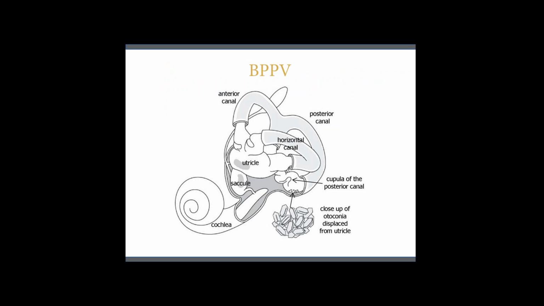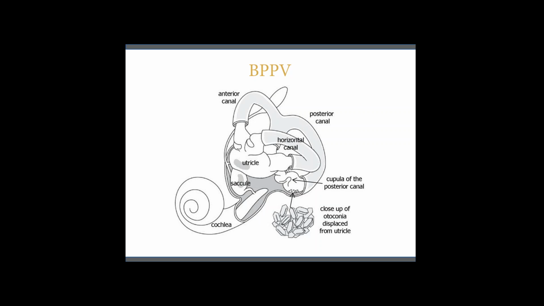So here's a closer look at the vestibular end organ. On this slide, you can see the utricle, which is one of the otolithic organs that houses the otoconia and senses linear acceleration and deceleration through space, as well as static tilt of the head. The utricle normally has the otoconia on the macula, the sensory apparatus inside.